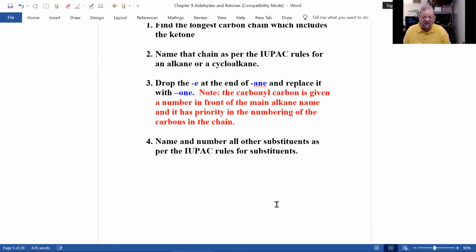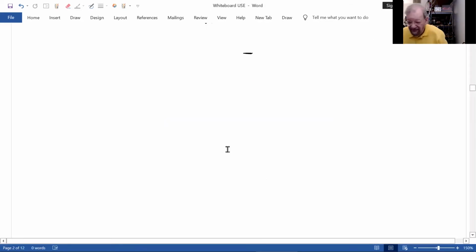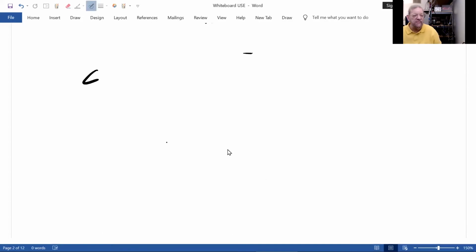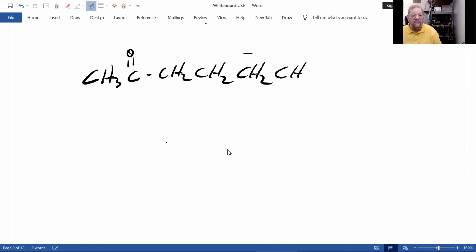So let's take a look at this. If we look at this molecule, what's different? Ooh, carbon double bond to oxygen, carbonyl.